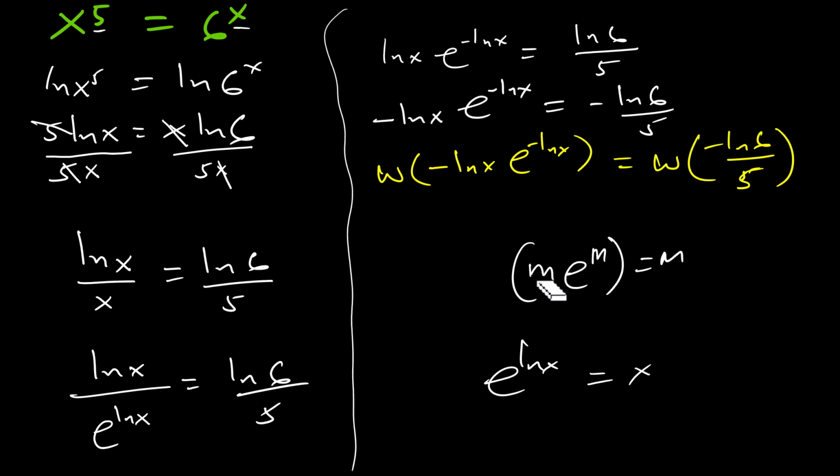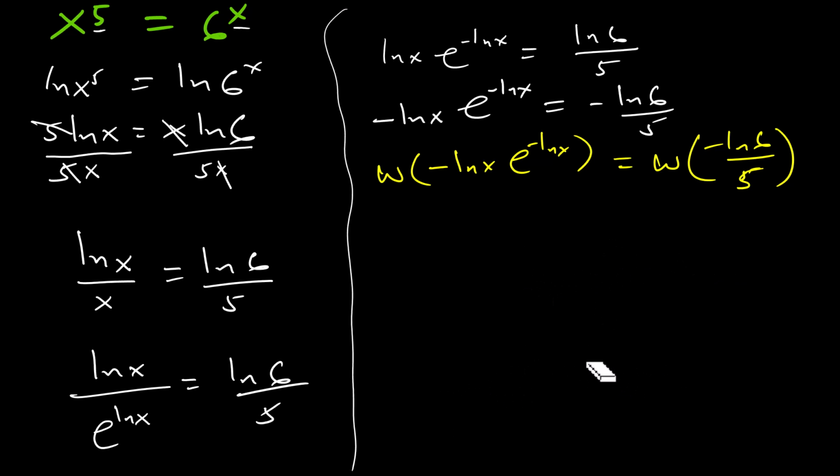Let's look at the left hand side. We get the answer. So we have minus ln of x equals the W of minus ln of 6 over 5. So let's solve for x.